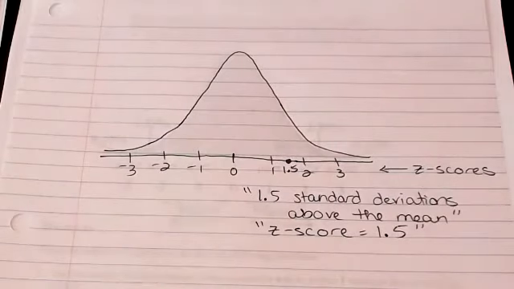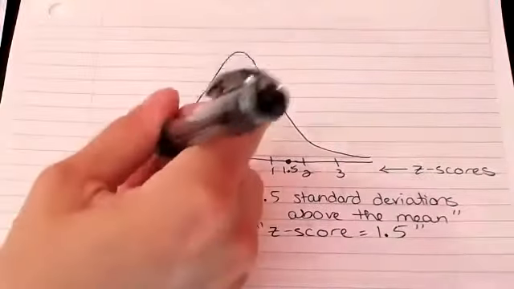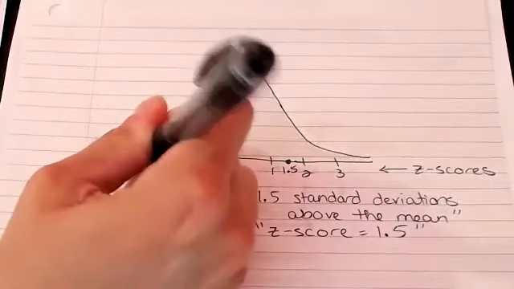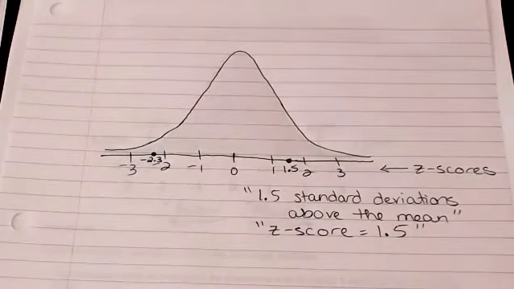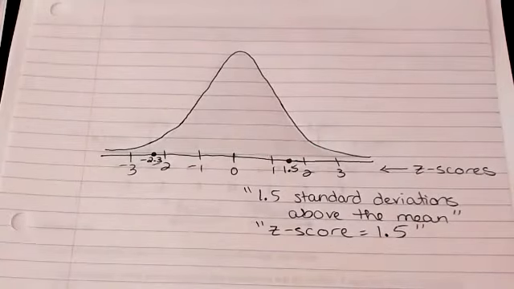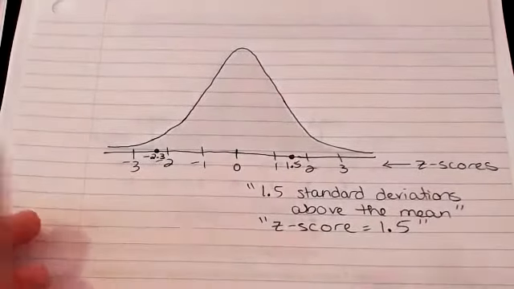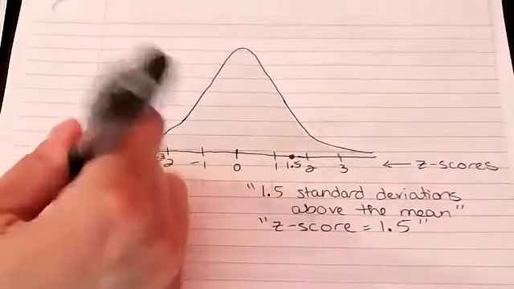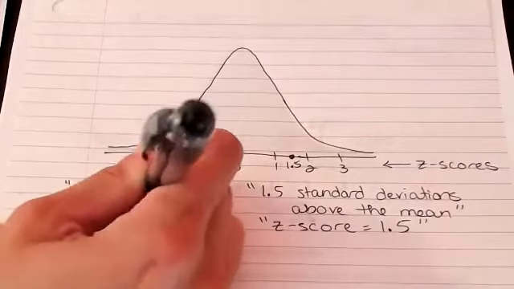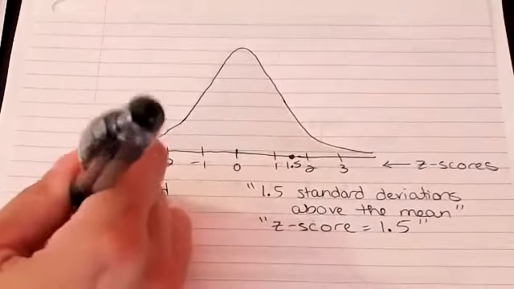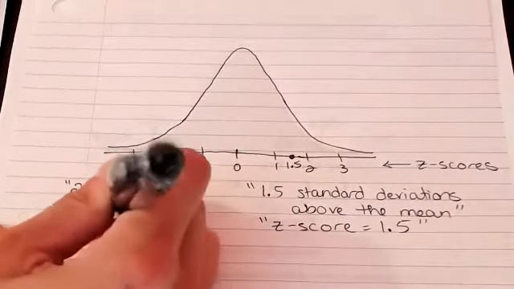Let's look at another one. What if I plotted this point? Negative 2.3. We can describe this as 2.3 standard deviations, which direction?